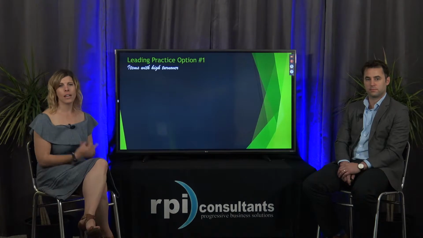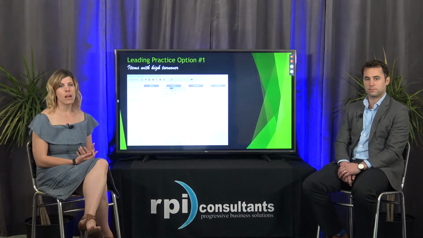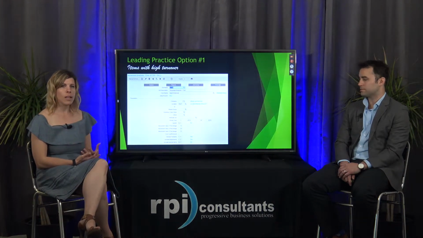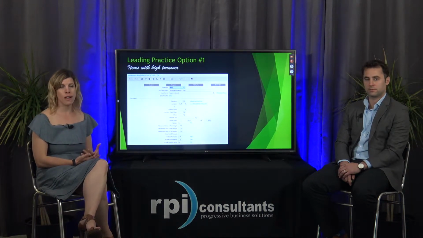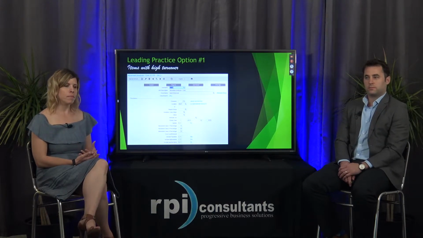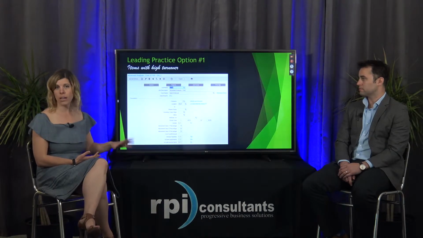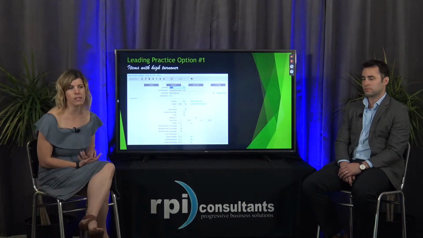So here we thought we'd just jump right into some leading practice options that you have available. What I really like is focusing on items that have high turnover. So here, if you're utilizing movement classes, if you aren't, I definitely recommend looking into this.